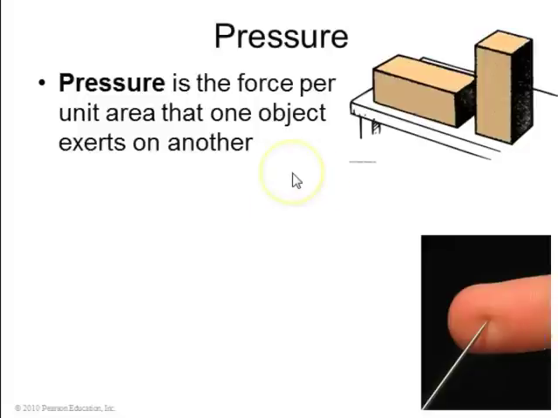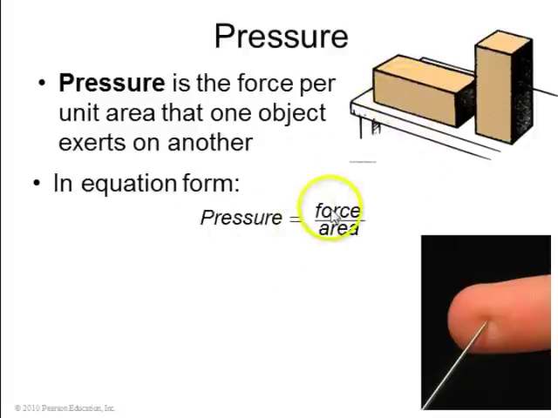Pressure is defined as the force per unit area that one object exerts on another. So the equation is force divided by area. If you take as an example these two bricks, they're both exerting the same force on the table if they're the same weight, but the pressure of this brick standing on its edge is greater because that same force is distributed over a smaller area.